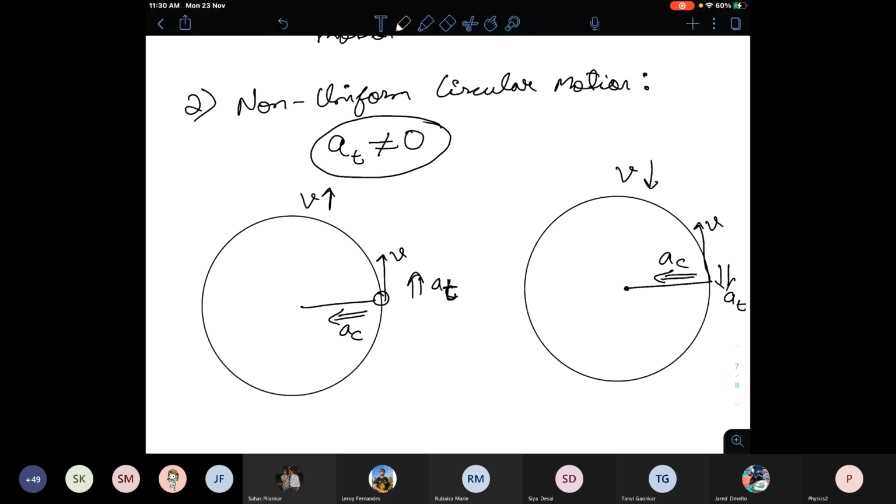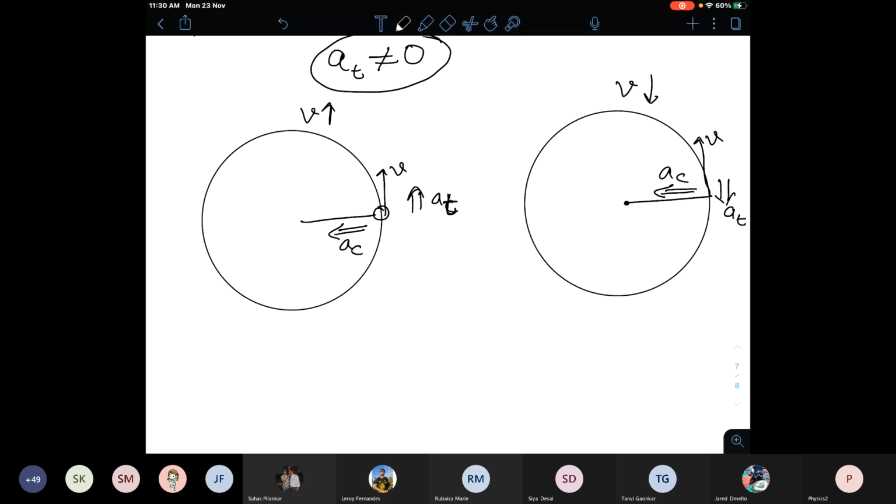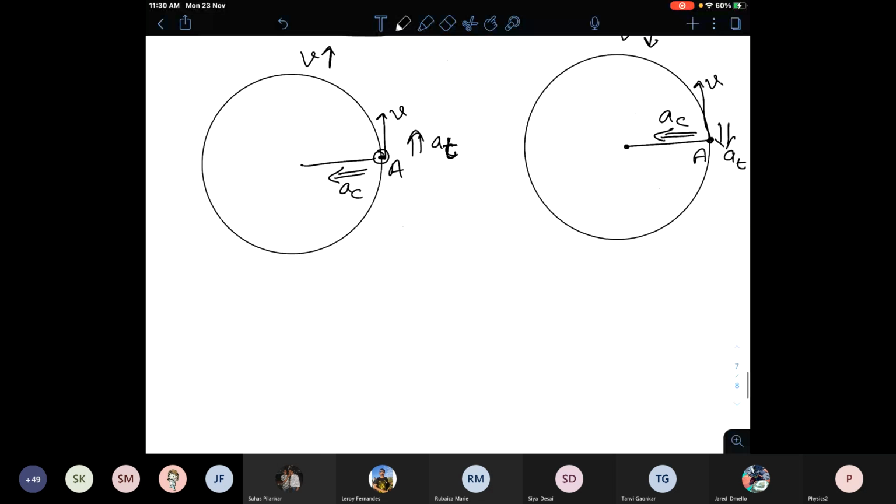Now what we can see here is that there are two kinds of acceleration for a particle at the same point. It is at a point only, but it is having two different accelerations. One is tangential, one is centripetal. If I just draw a point outside, this is a point.